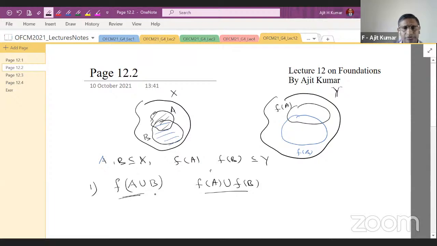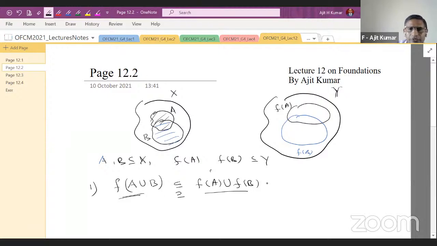This is what we want to check. So we want to check whether this is a subset of this, and similarly whether this is a subset of this. f of A union B, is it a subset of f of A union f of B?